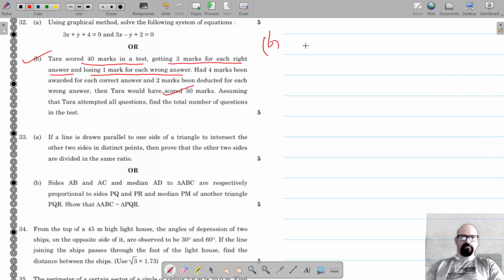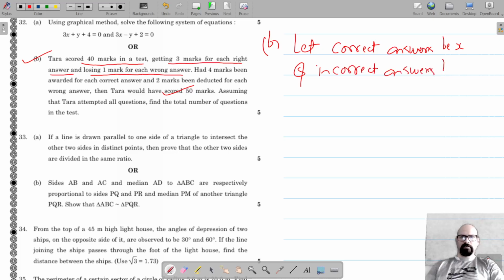So this is part B, and let's say the correct answers be x in number and incorrect answers be y.